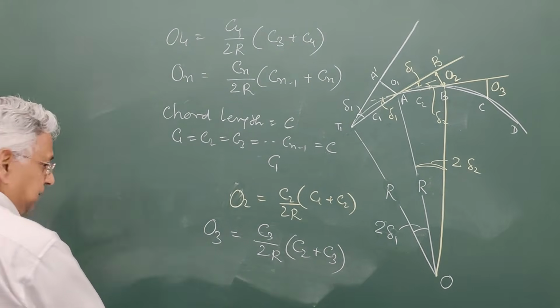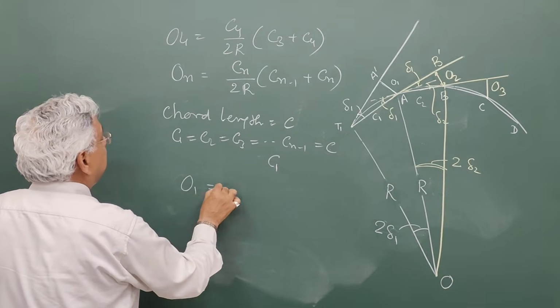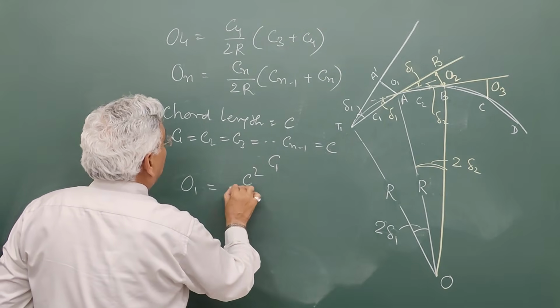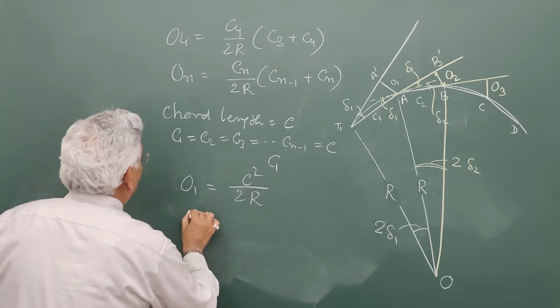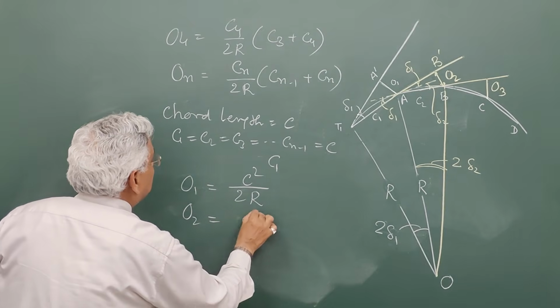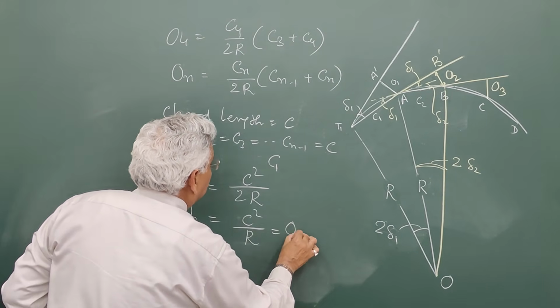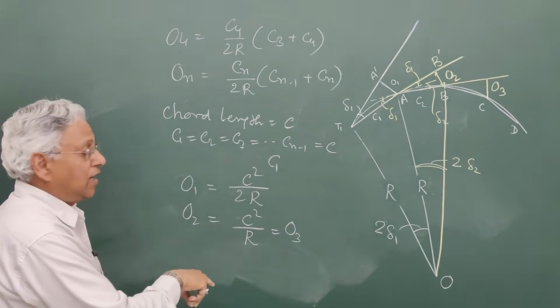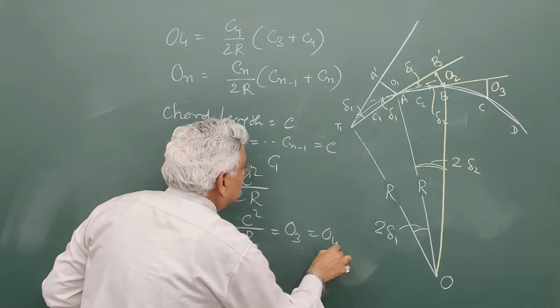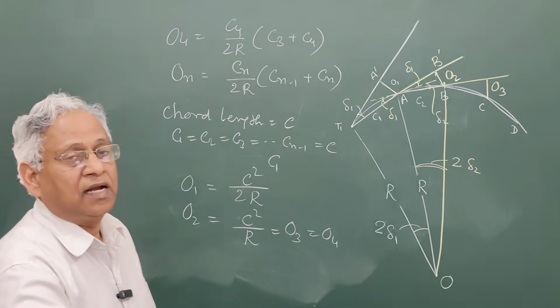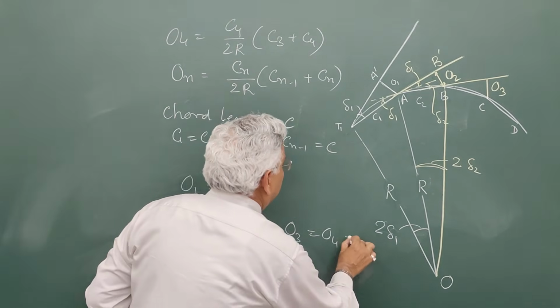Then in that case, O1 will be equal to C square upon 2R, O2 will be equal to C square upon R, O3 C square upon R, O4 C square upon R, and up to On minus 1.